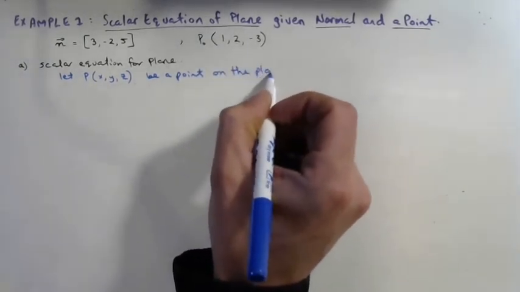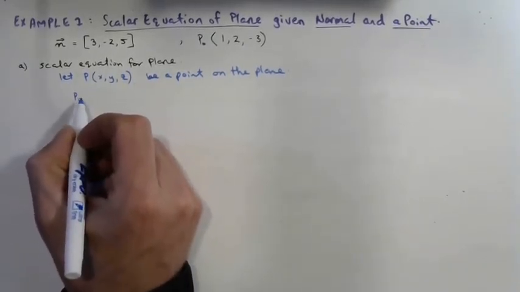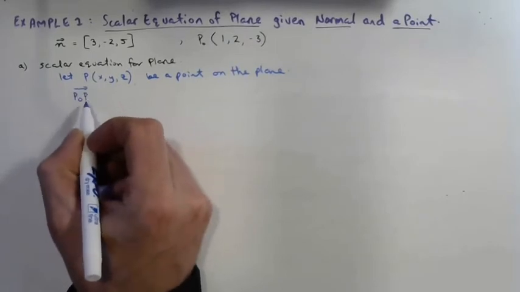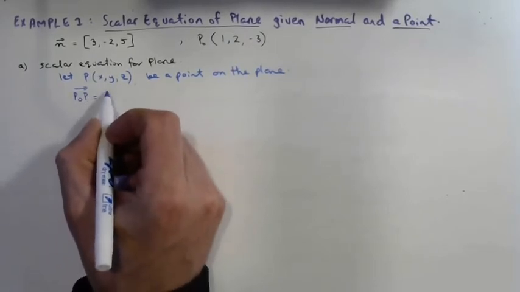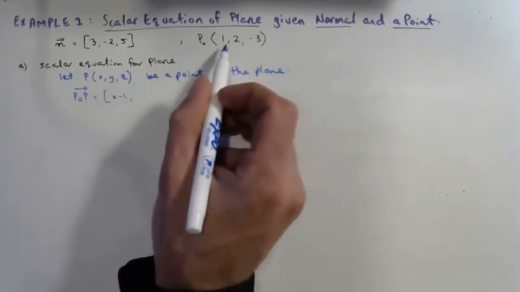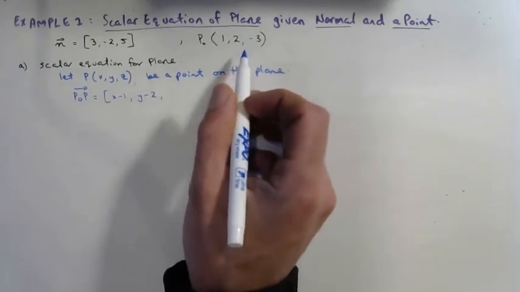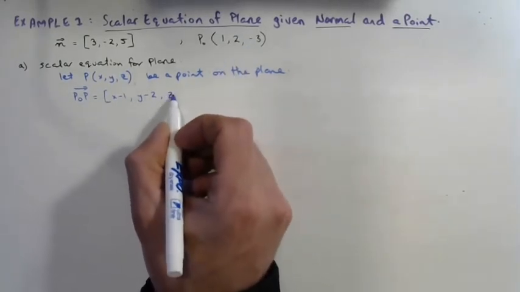That's going to give us another vector. We're going to get P naught P, and that's going to be x minus 1, y minus 2, z minus -3, which is z plus 3.